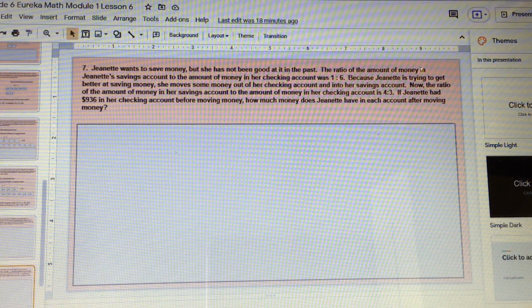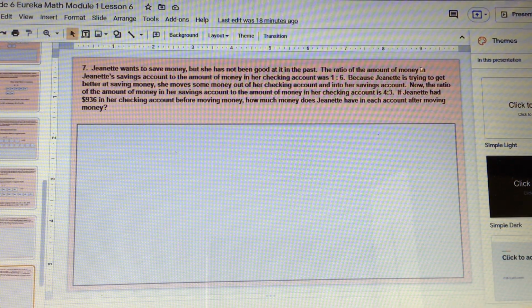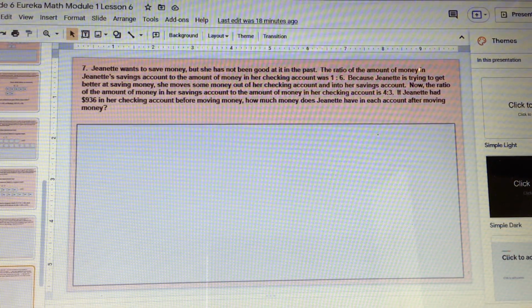Now the ratio of the amount of money in her savings account to the amount of money in her checking account is 4 to 3. If Jeanette had $936 in her checking account before moving the money, how much money does Jeanette have in each account after moving money?